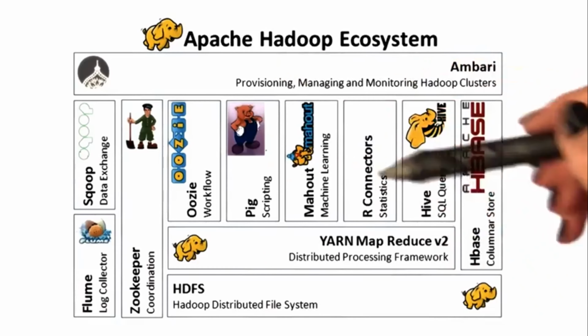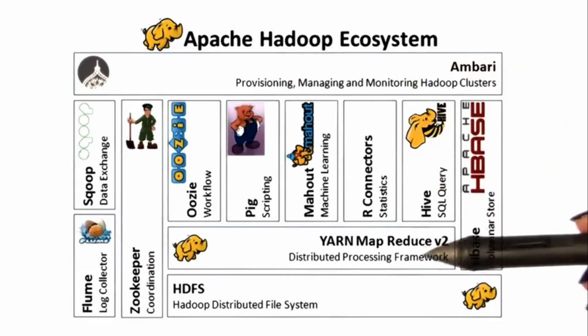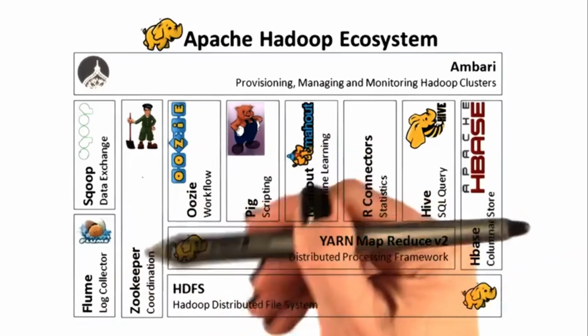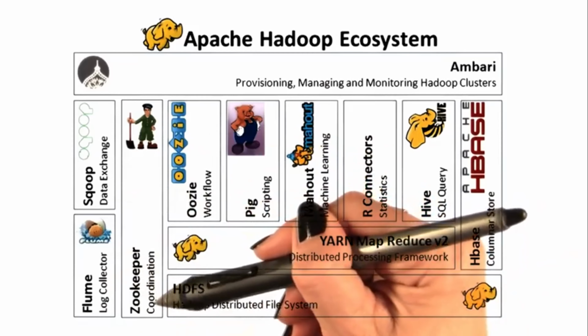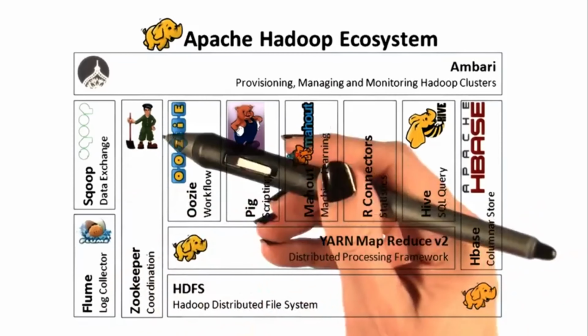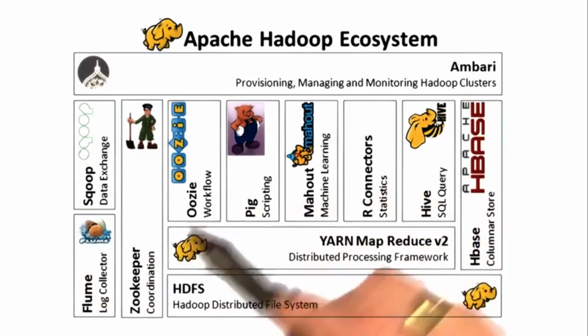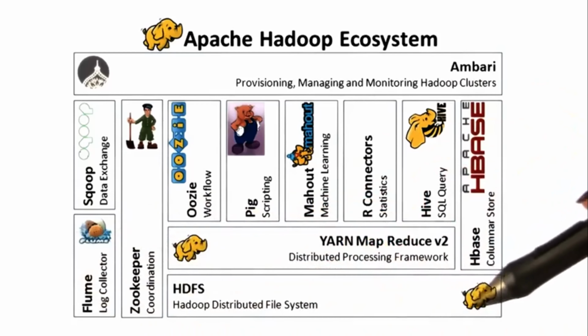At the lowest level, however, all of these end up being a number of more primitive operations that can execute on top of the distributed file system where the data is stored. And there are a number of supporting services that are needed to deal with locking or coordination, or to provide the streaming of data into this distributed environment.